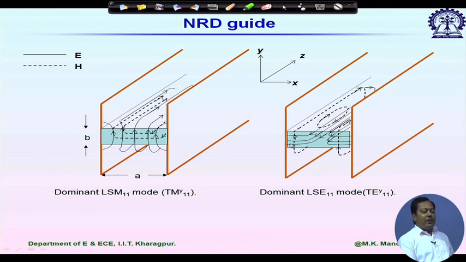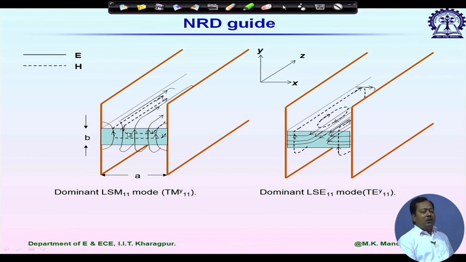We have dominant electric field components Ez and Ex, and the magnetic field is parallel to the YZ plane, and again in the direction of propagation the Hz component is negligibly small. So that is why it is called longitudinal section electric, or LSE mode.